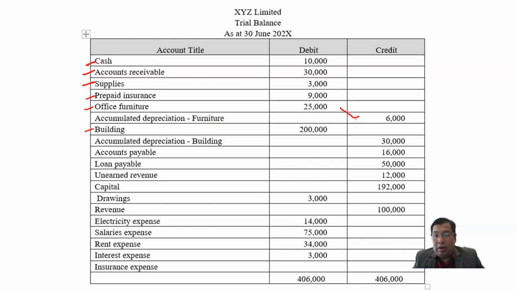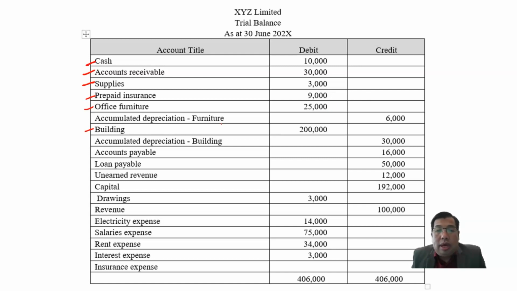This account belongs to office furniture. If you compare this office furniture and accumulated depreciation, the net book value is 19,000. But since we use these two accounts, it helps you to determine the original cost of the furniture, that is 25,000.